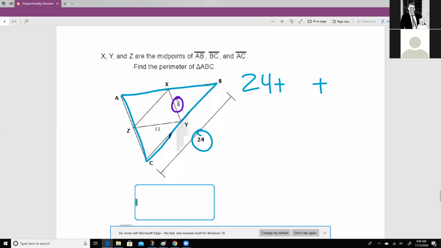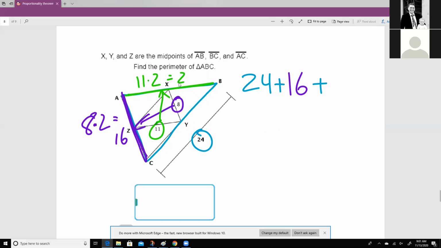I notice that this side is 8, so if I want to find the side AC, I would need to take that 8 and multiply it by 2 to give me 16. And I see this side is 11. So if I want to find AB, I'll take 11 times 2 and give myself 22. I'll add all of that up, and 62 is my answer again.